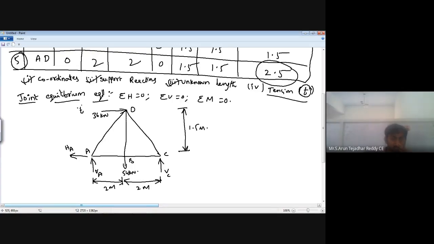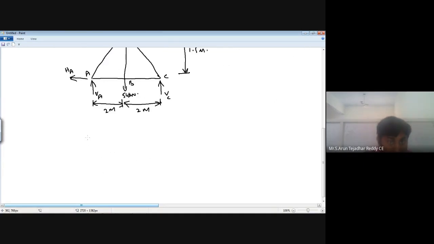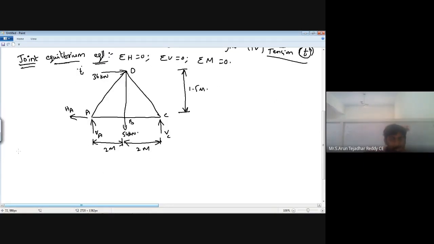Using this given truss, first we need to take any one joint. Here the heading is joint equilibrium equation. It means take any one joint in this truss. After taking the joint, how many members are acting? Suppose I consider joint A first. How many members are acting in joint A?